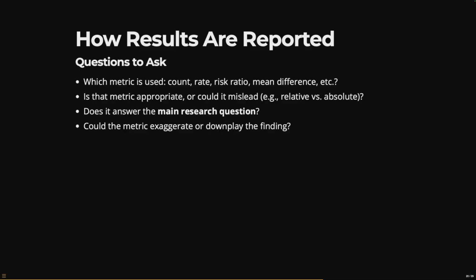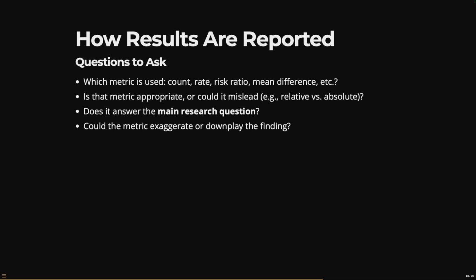Hopefully. All right. So just in the end, to have some quick questions about, if you're looking at a study, you just want to figure out what's the main metric they're using to answer the question, and then what are the metrics they use for any secondary outcomes and things like that. Is the metric appropriate? Could it hide something? Could it overemphasize something?